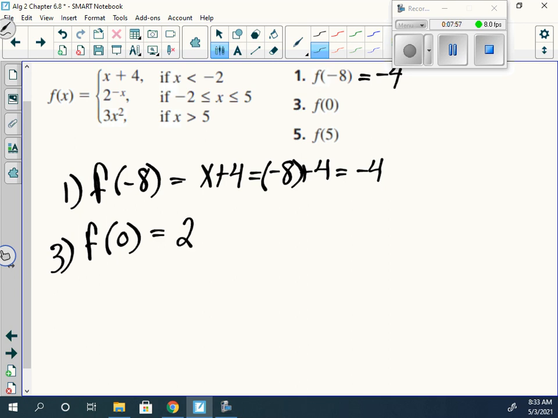So we're going to have 2 to the negative 0. Well, 0 can't be positive or negative, so it's just 2 to the 0. And what is 2 to the 0? Anything to the 0 power is always 1.